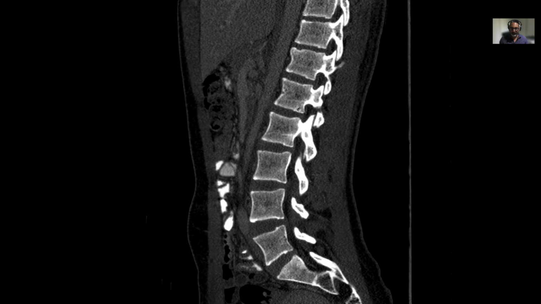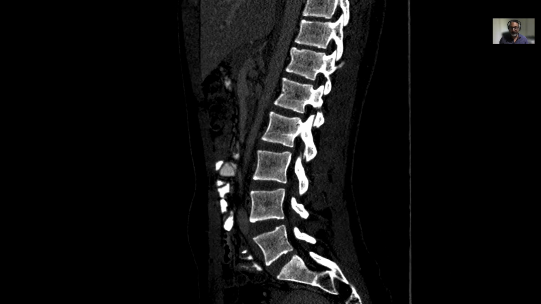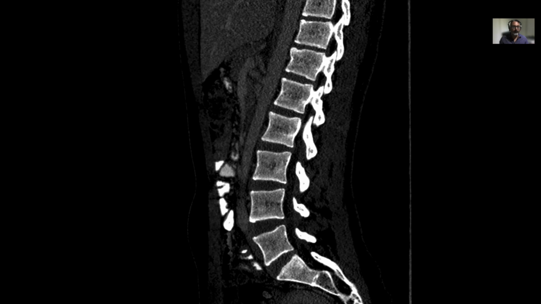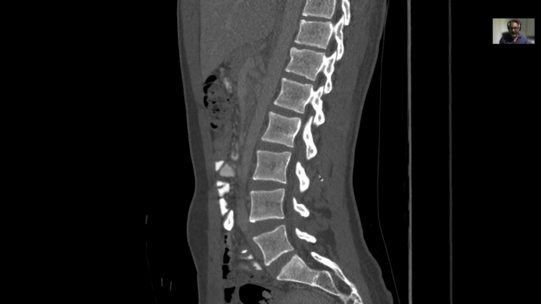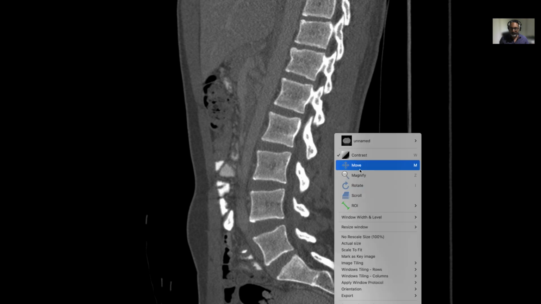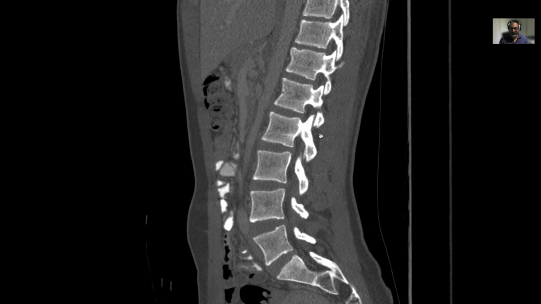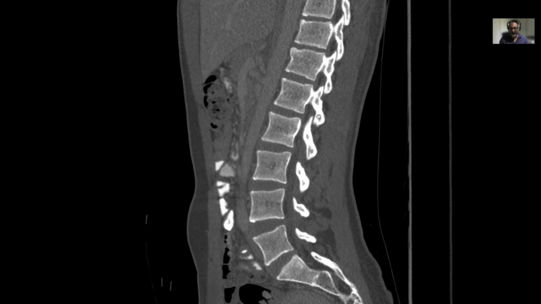Slightly darker. Another good way to do it is to have the bone window. That's the superior articular surface, and that's the inferior articular surface.